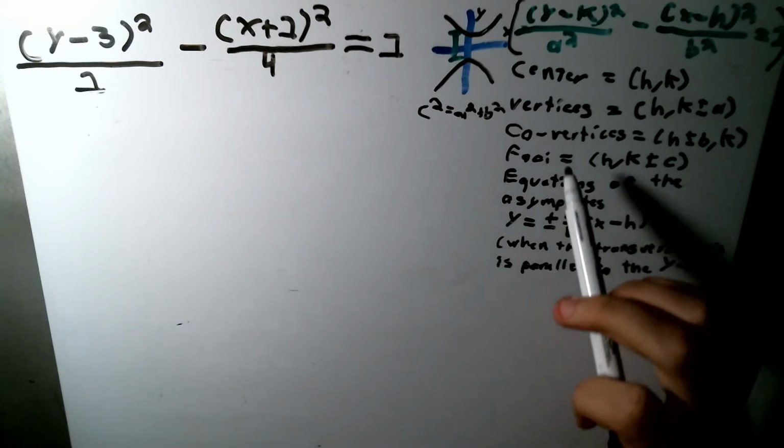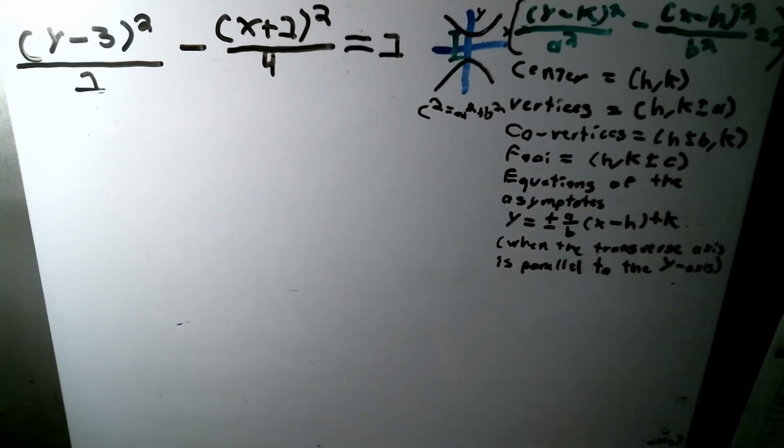I only want the coordinates, because I'm going to add them in the graph regardless of whether you asked for them or not, and also the asymptotes, which you definitely asked for.